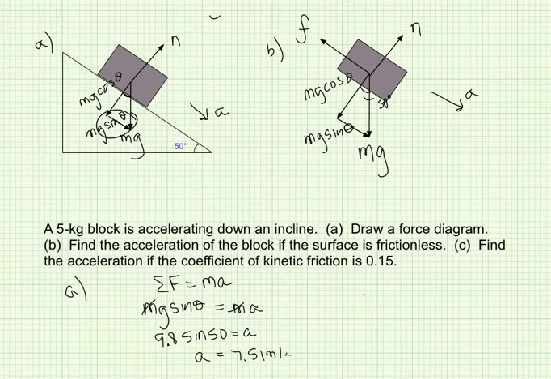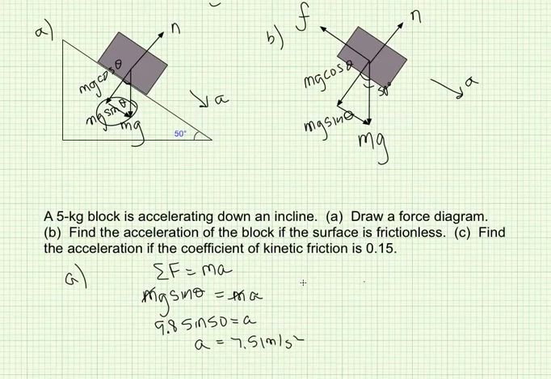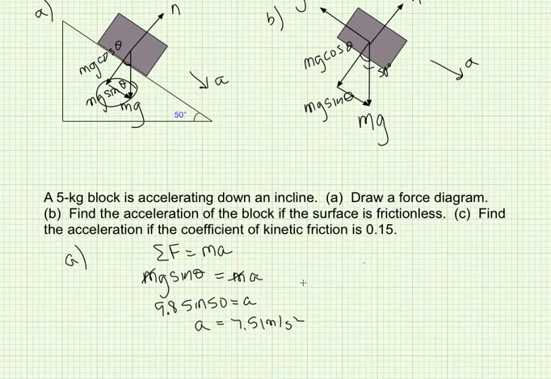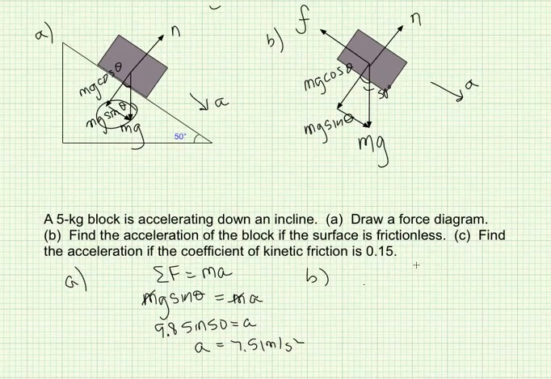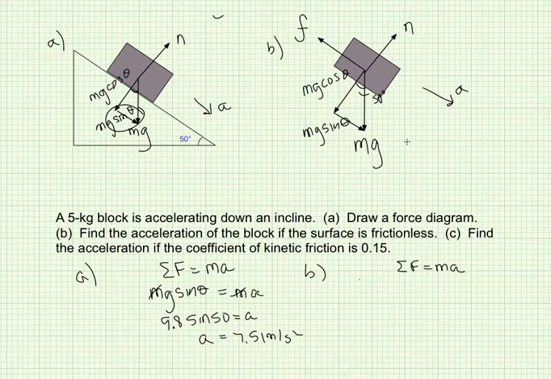So for part B, let's go ahead and add in friction. So we're going to add that third force. So now with B, I've got the sum of the forces equals the mass times the acceleration. All right, a handy idea would be, let's take a look at all of the forces that are acting parallel with the acceleration.